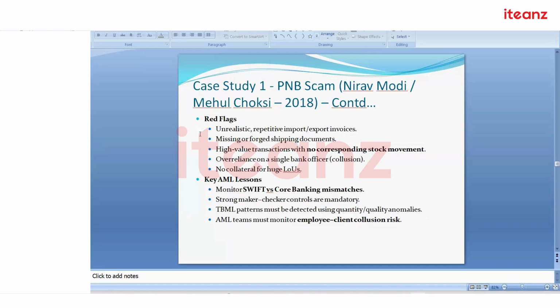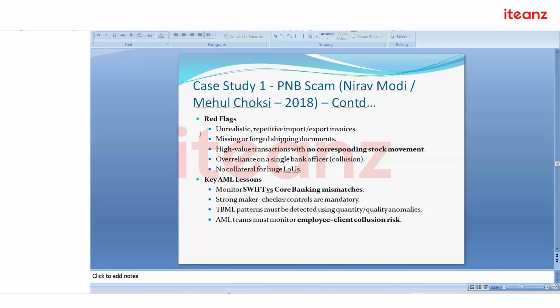So what is a red flag? This word red flag means a suspicious activity indicator. In AML, they call it a red flag. These words and terminology will be used going forward, and you have to keep them in mind.